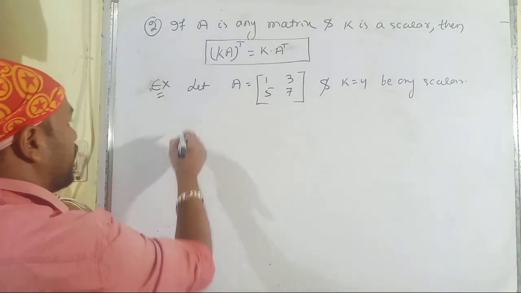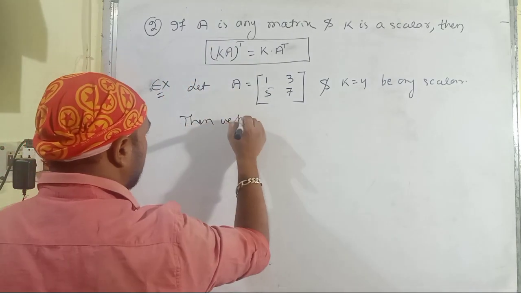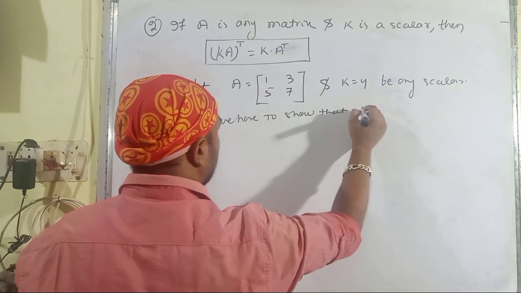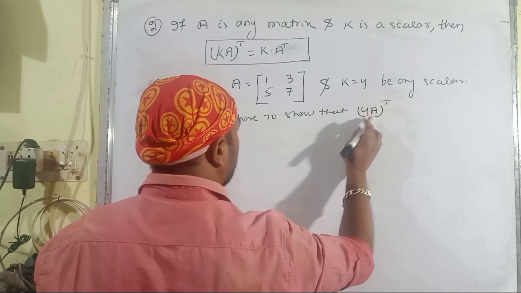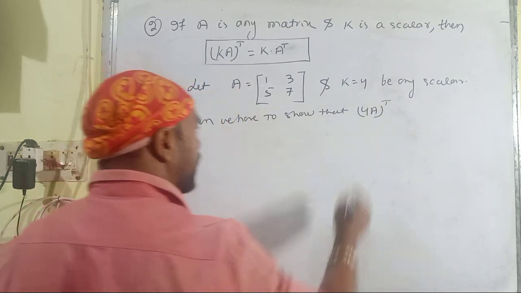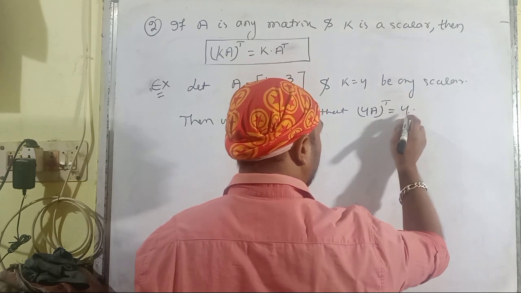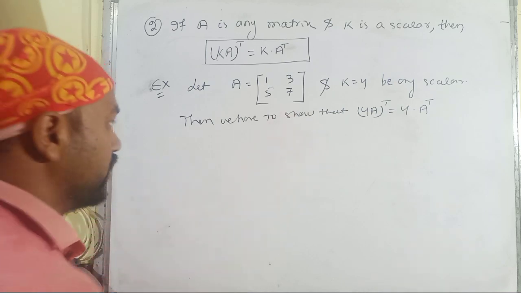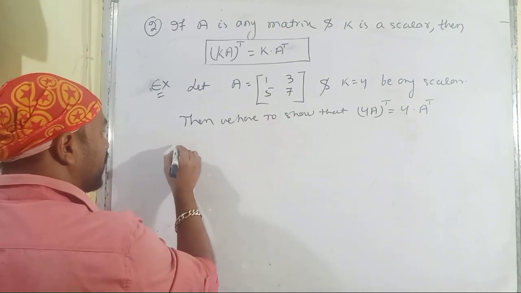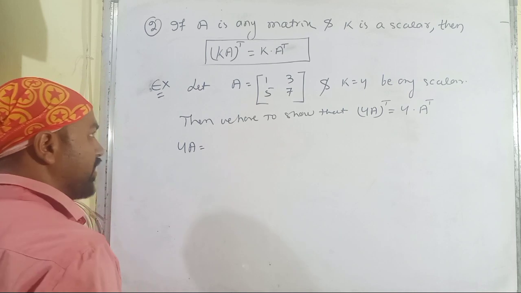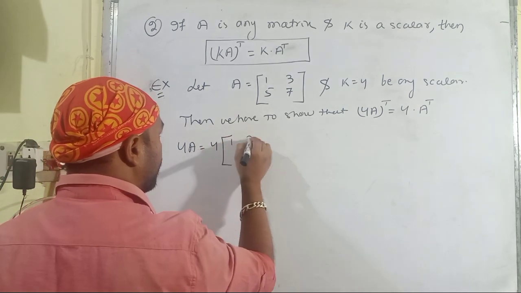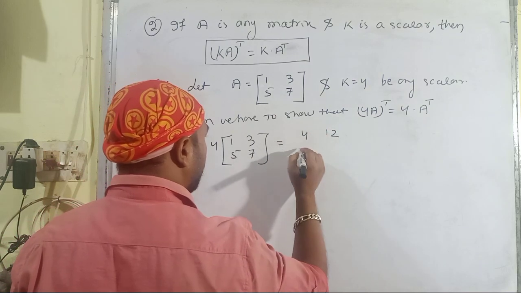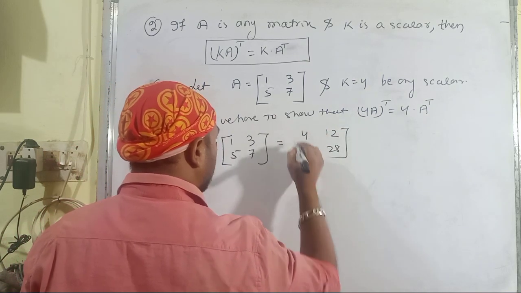Then we have to show that the transpose of 4A is equal to 4 multiplied with the transpose of the matrix A. First, let us find 4 multiplied with A. It is 4 multiplied with the matrix 1, 3, 5, 7, so it is 4, 12, 20, 28.